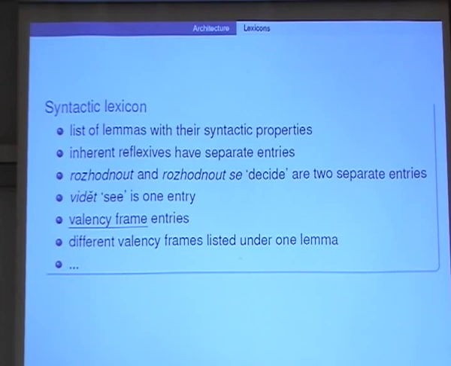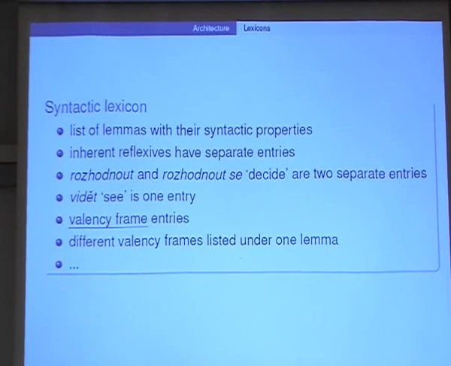Syntactic lexicon contains a list of lemmas with their syntactic properties. Here, inherent reflexives are represented by separate entries. So, for instance, rozhodnout and rozhodnout se are different verbs, and they are formed by two separate entries.